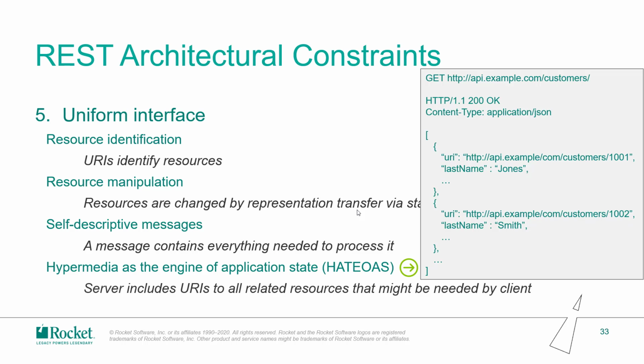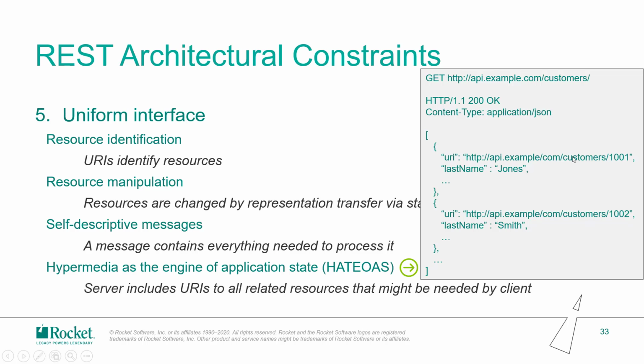So in this example, the client has asked for all of the customers at the customers endpoint, and the server has dutifully responded. But with each customer that it sends down, it also sends the URI where that customer resource lives. So why is this important?